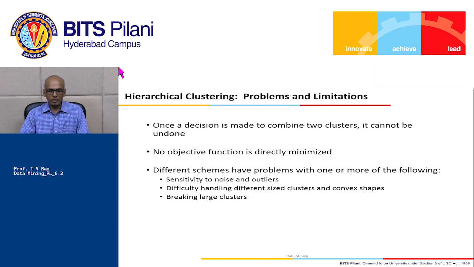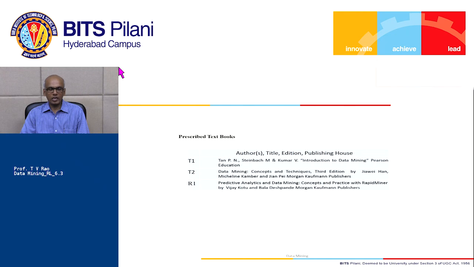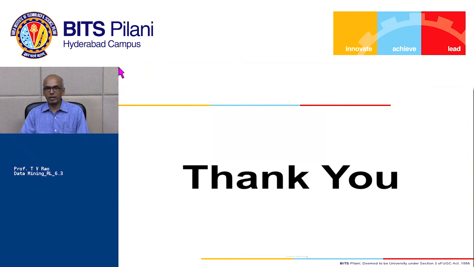Also, there is a challenge with clusters of different sizes. As we have seen, with two natural clusters, one much larger than the other, when we use the max as the distance for merging the clusters, we could not get the natural clusters. So these are some of the challenges we get when we use hierarchical clustering.